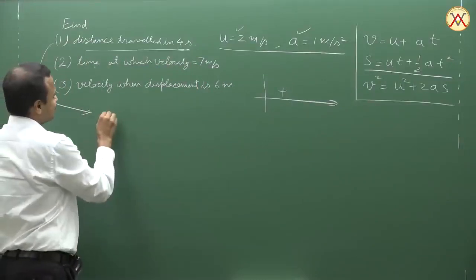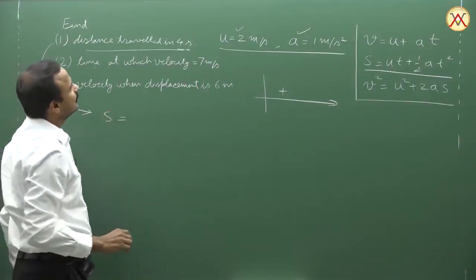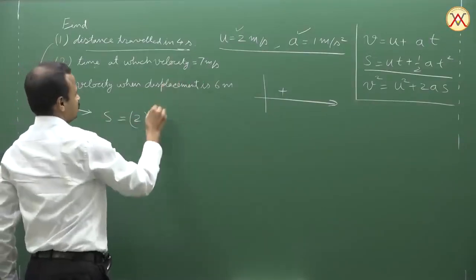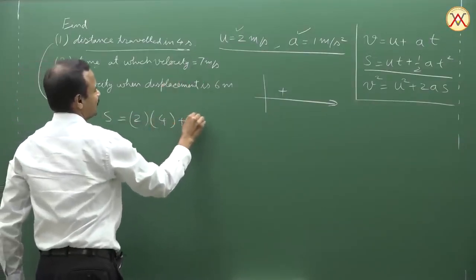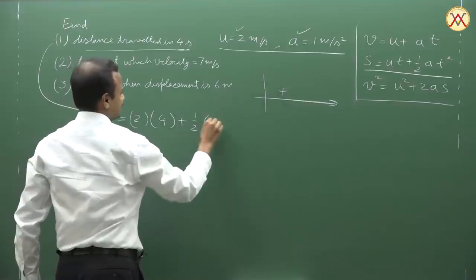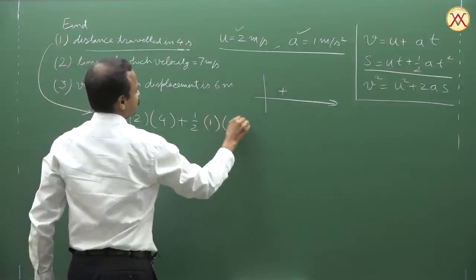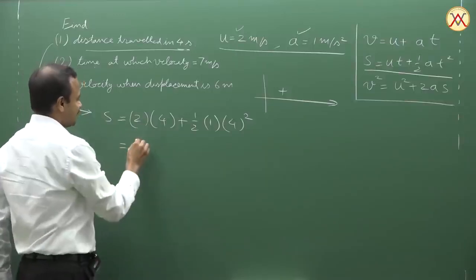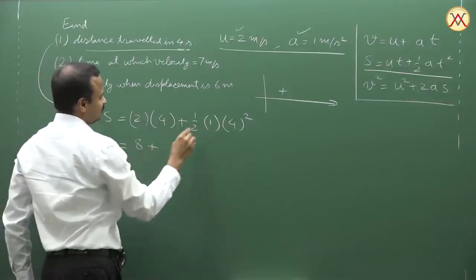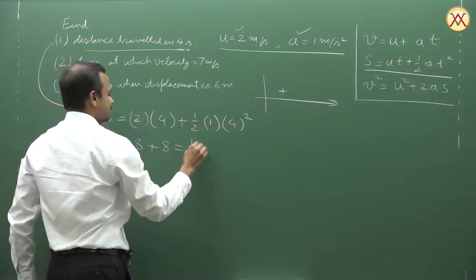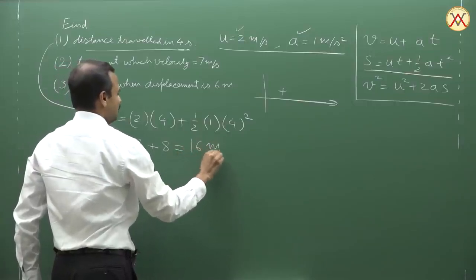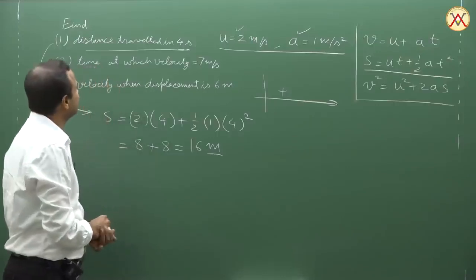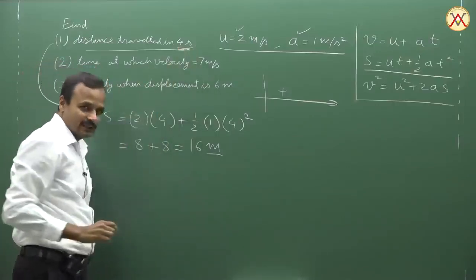This will give us s is equal to u, which is 2, times time, which is 4, plus half, acceleration is 1, t squared, which is 4 squared. You can solve this. This is 8 plus 16 by 2, again 8. So it is 16 meters. So this is the displacement of the particle in 4 seconds.